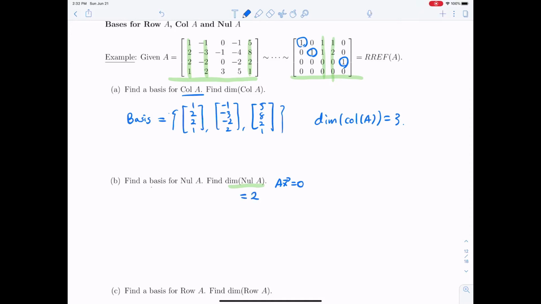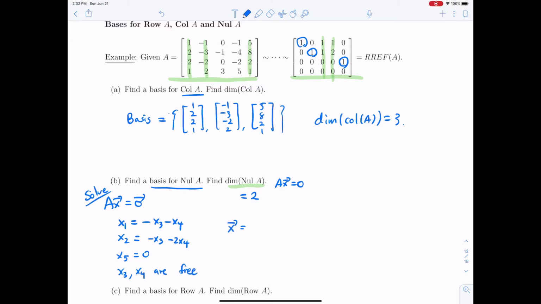And to find the basis for the null space, we have to solve this homogeneous equation Ax = 0. From the RREF, we can tell that x1 = -x3 - x4, x2 = -x3 - 2x4, and x5 = 0. And the free variables are x3 and x4.